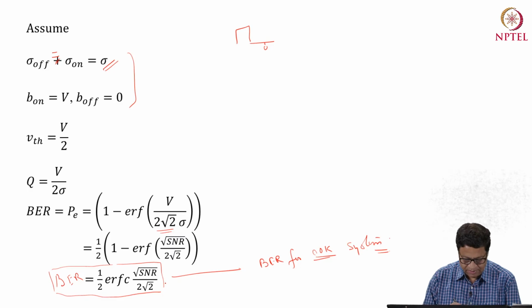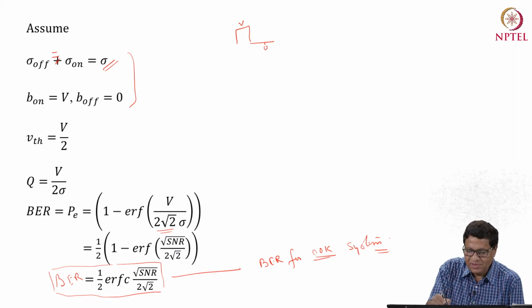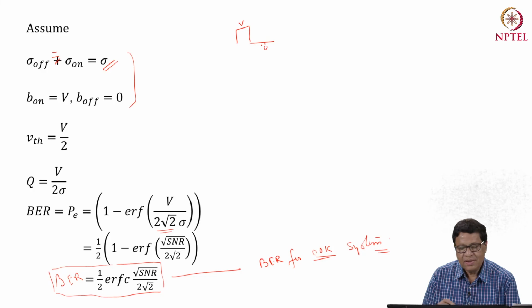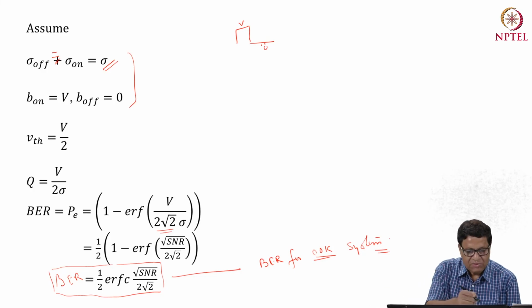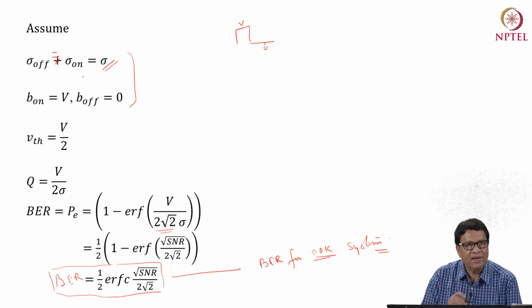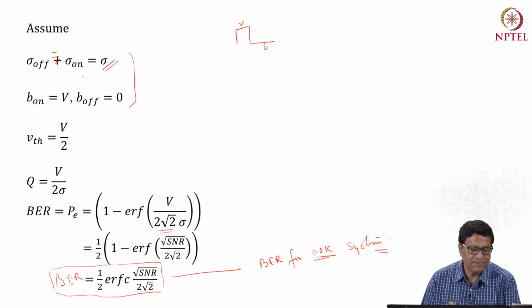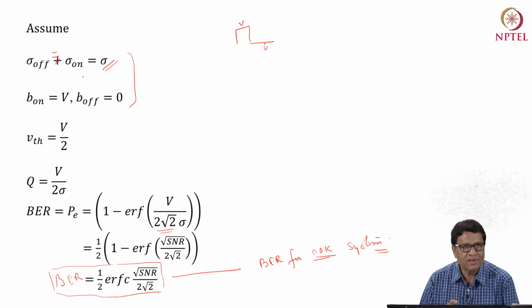And this is valid when the variance in the off and the variance in the on are equal to sigma, and B on is defined by V and B off is 0. If these values are different, then the earlier expression is valid, where I had specifically written sigma off and sigma on. So if the variance for the off and the on is different, then we have to use that equation.